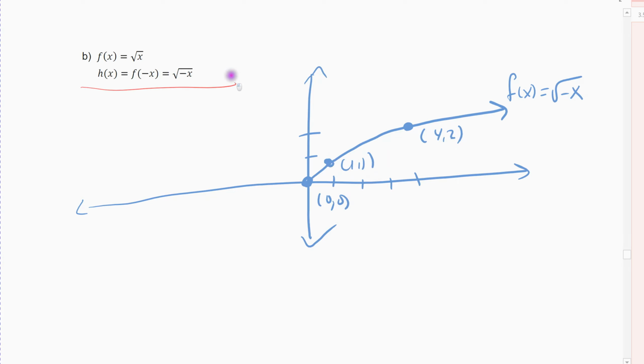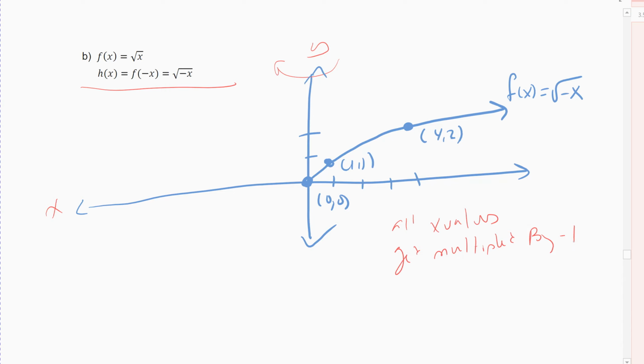And then when we want the new function, which has the negative inside, on the x term, all of the x values get multiplied by a negative. So it reflects over my y-axis. It reflects this way. All of the x values get multiplied by negative 1.